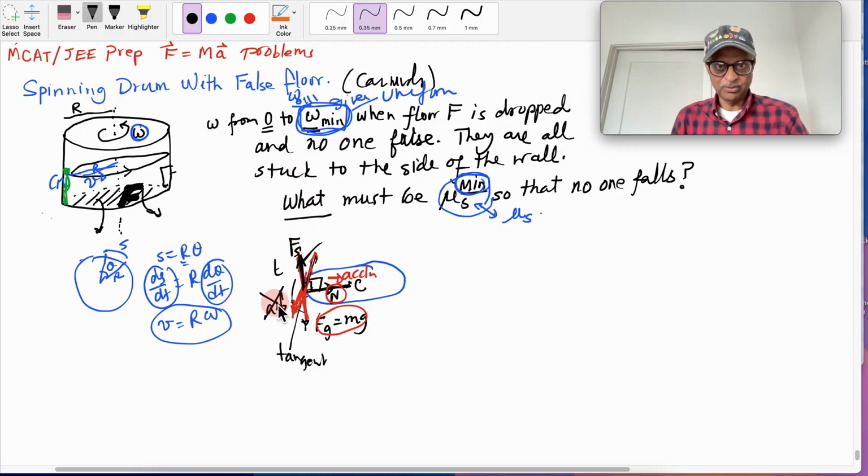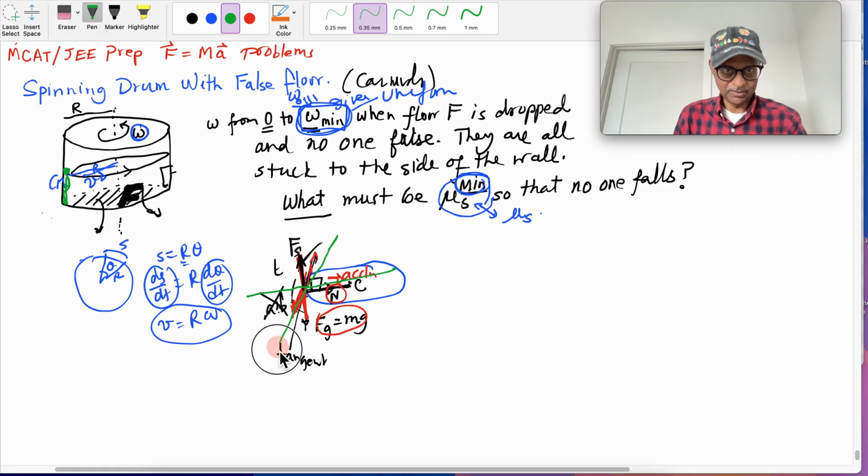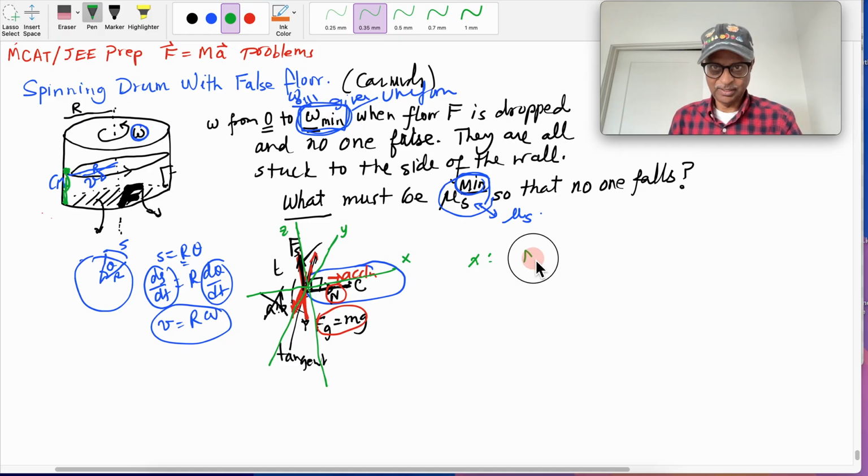So we are looking at a three-dimensional situation. This is the horizontal, this is the tangent part, and this is the normal. So this is the z-axis, x-axis, y-axis. Nothing is happening along the y-axis, only along the x-axis and z-axis. In the x-axis, I get N equals mv squared over r.